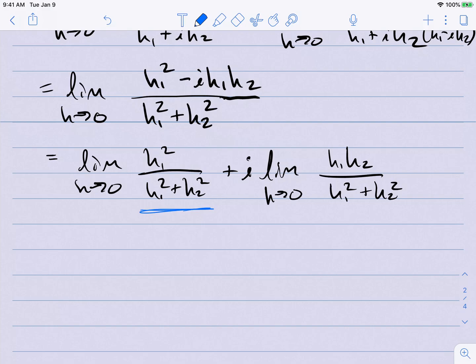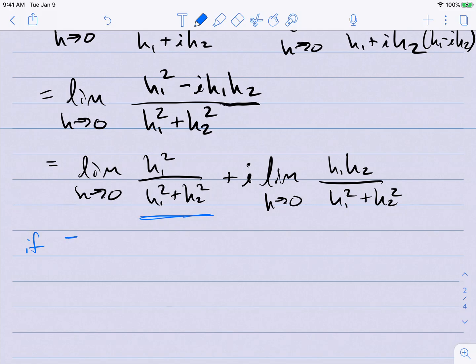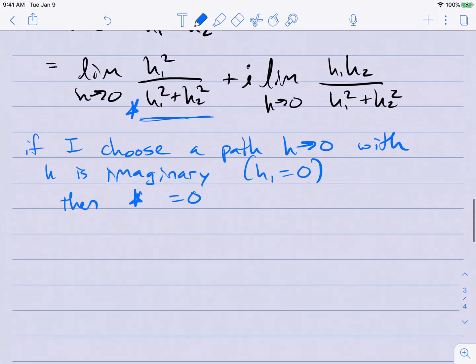So let's look at this expression first. If I look at a path which is purely imaginary, so if I choose a path going to 0, where h is imaginary, in other words, h1 is 0, I just have the imaginary part, then let me label this star, then star equals 0, right?